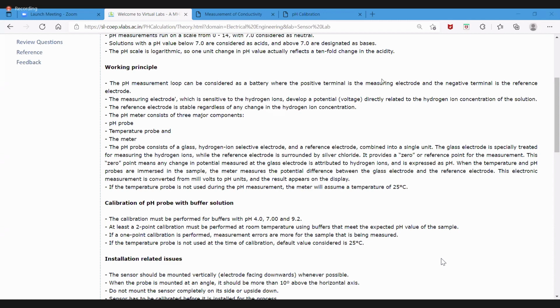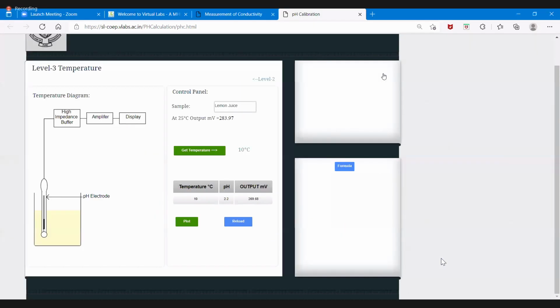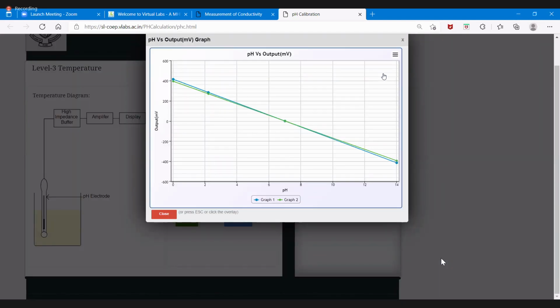Go to level 3. Sir, this is level 3. Plot the graph. Plotted. Right. What is the meaning of two lines?